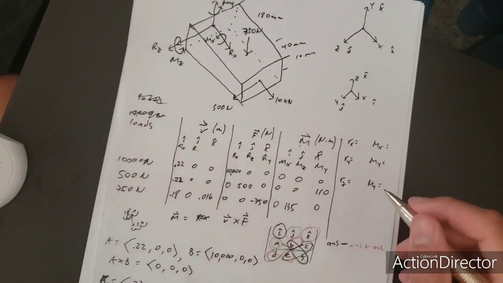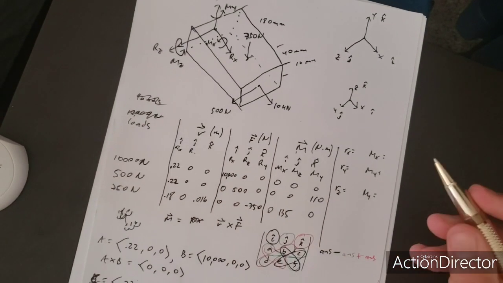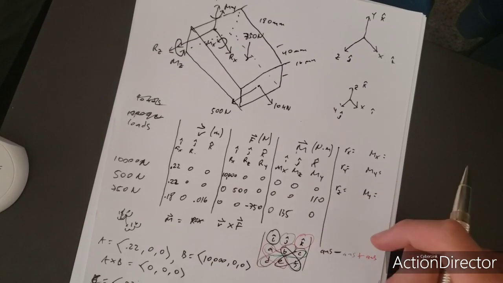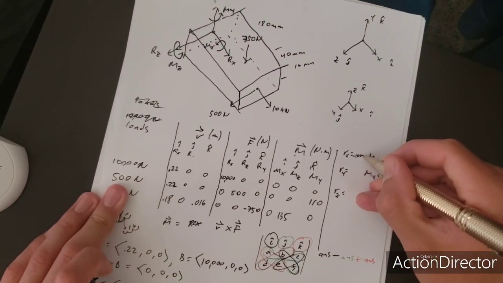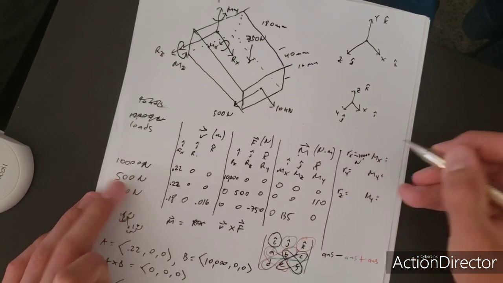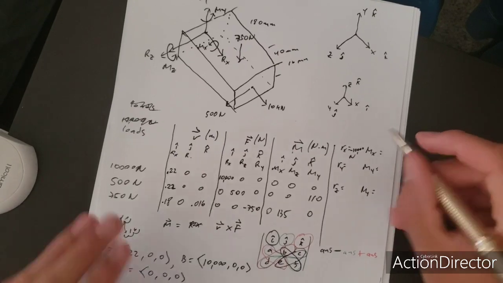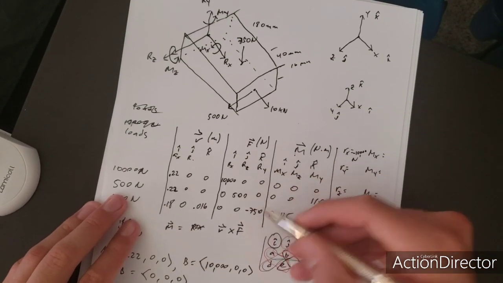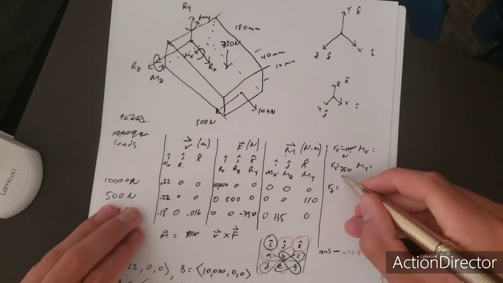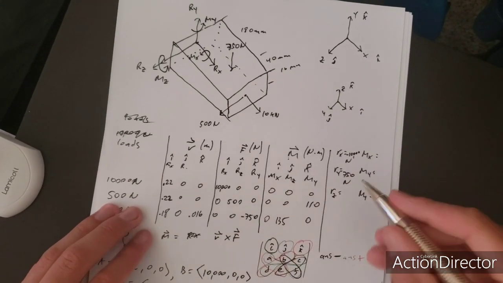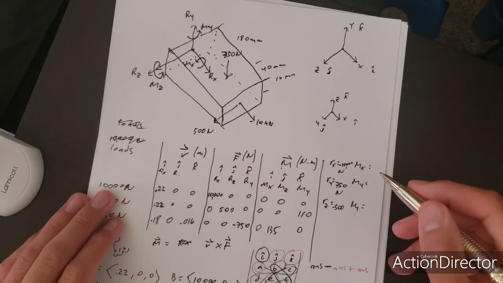So, okay, let's start with the F. F is just 10,000 plus 0 plus 0. It's going to give me 10,000. Minus 10,000 is going to give me 0, so it's just minus 10,000 newtons. Okay, RY, go to this one, and it's 750 positive. And then RZ is negative 500.